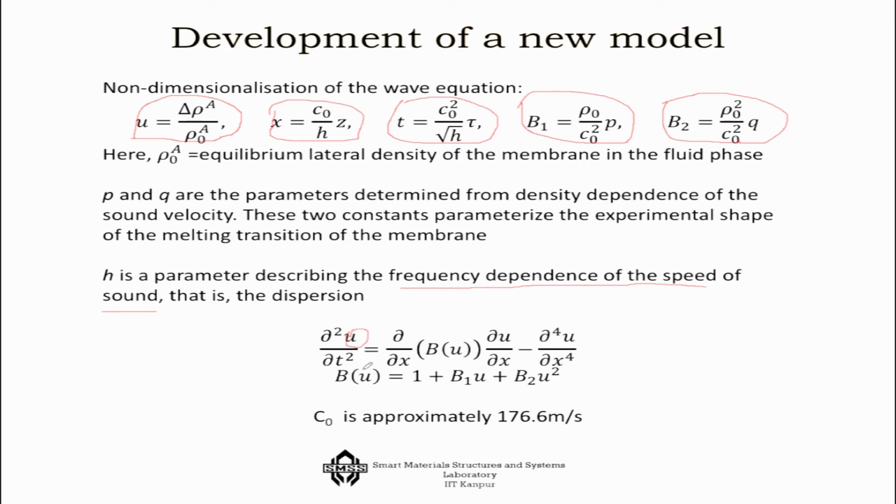So ∂²u/∂t² will be ∂/∂x of the velocity, which is with respect to a new non-dimensional quantity b, so it is like ∂/∂x of b(u) ∂u/∂x, and then that h factor is accommodated here, giving the dispersion part as minus ∂⁴u/∂x⁴, and b(u) you can take up to two terms as 1 plus p1 u plus p2 u square. So this is how we can get this whole expression in a non-dimensionalized mode.